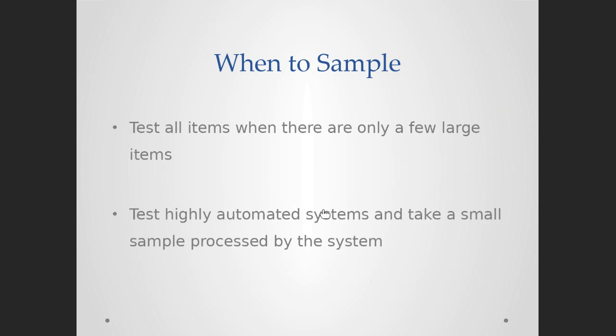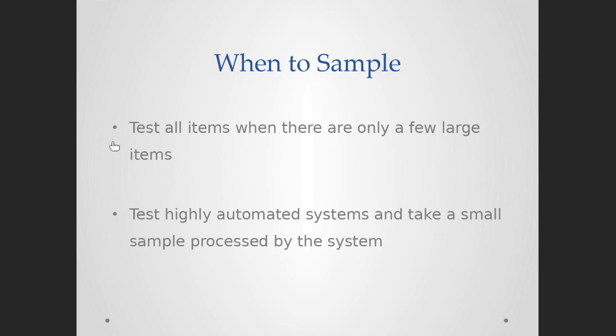Now we go to our next topic, which is the exceptions. When you have only a few large items, you need to look at all of them. So, for example, let's say the client has 5,000 customers, but there are 10 customers that have a balance of more than 50,000 reals in accounts receivable.